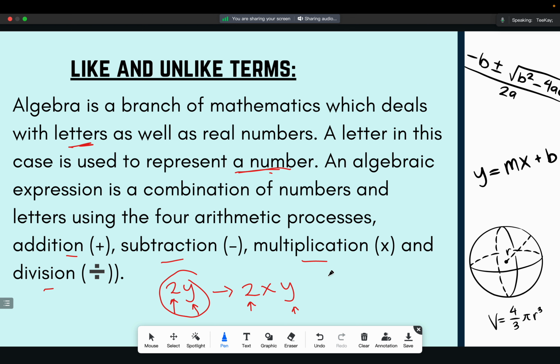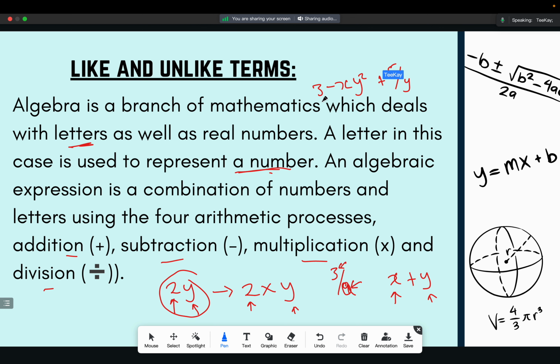Or we can have something like this, 3 over a. This is a number divided by a letter. Or we can have x plus y. This is a letter adding to a letter. Then we can also have 3 minus x y squared plus 5 over y.